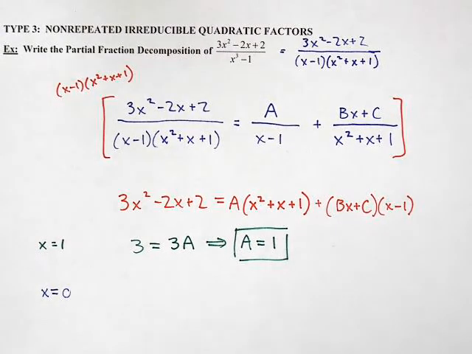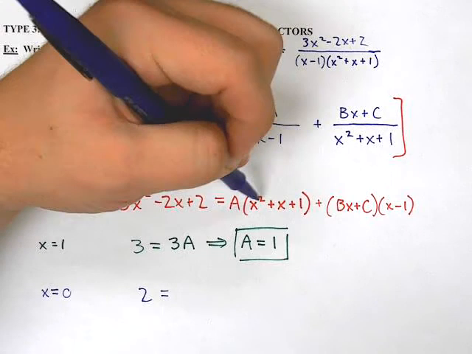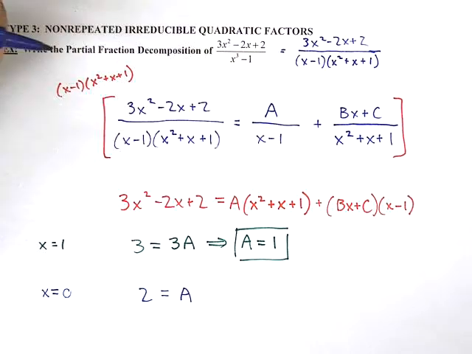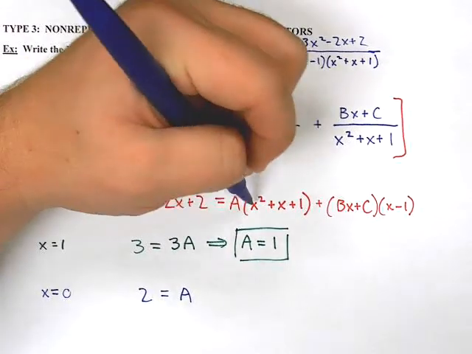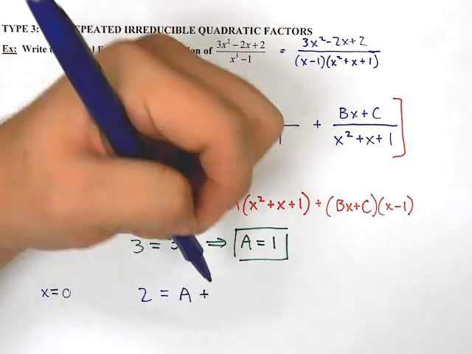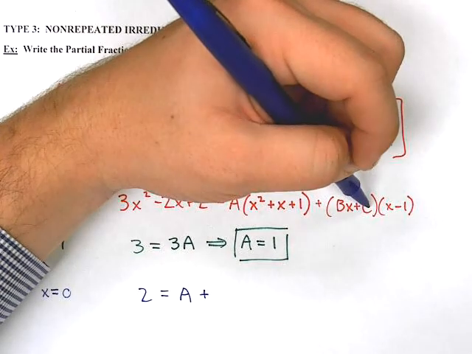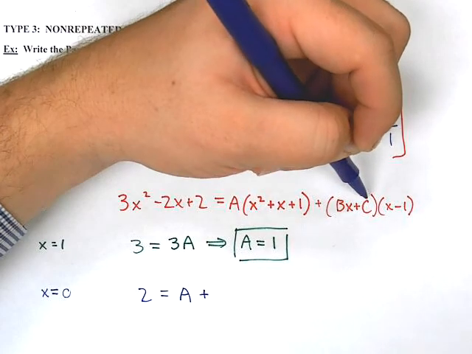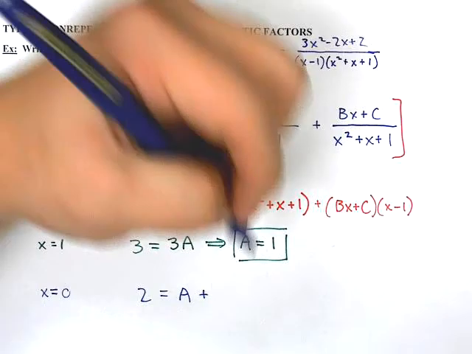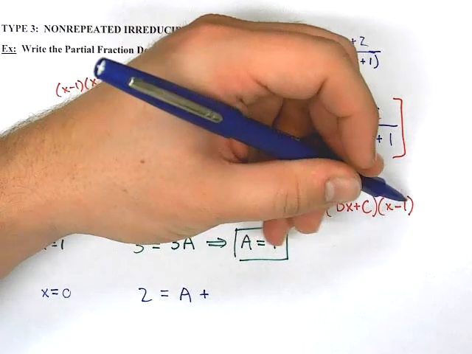which means I have 2 equals a, right, because 0 plus 0 plus 1 is 1, so 1a, plus, now be really careful, this piece goes away, the c stays though, right? The c has to stay. So that means I'll just have c times negative 1.